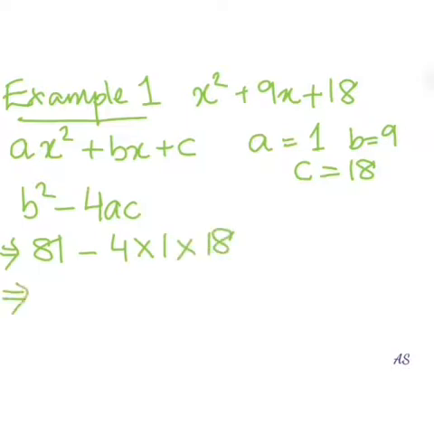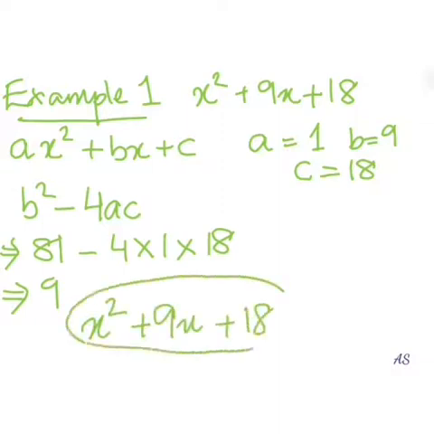So it comes out to be 81 minus 72, which is 9. So 9 is a perfect square. So this expression x square plus 9x plus 18 can be factorized.